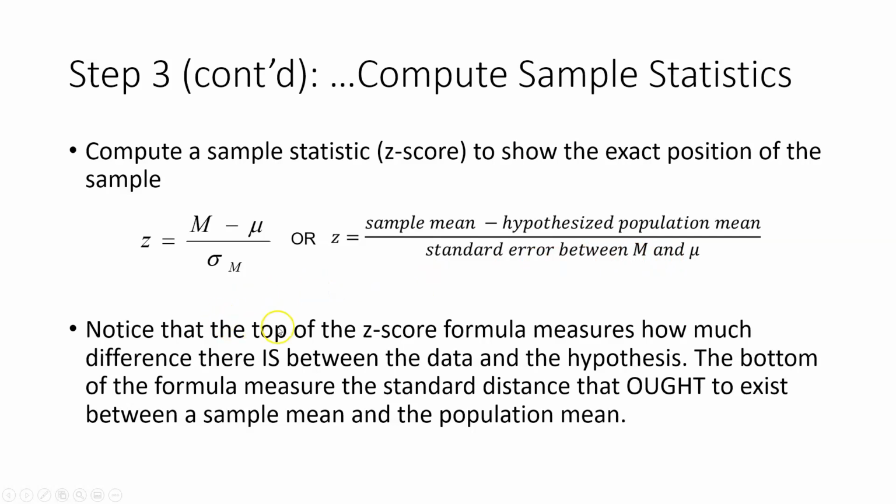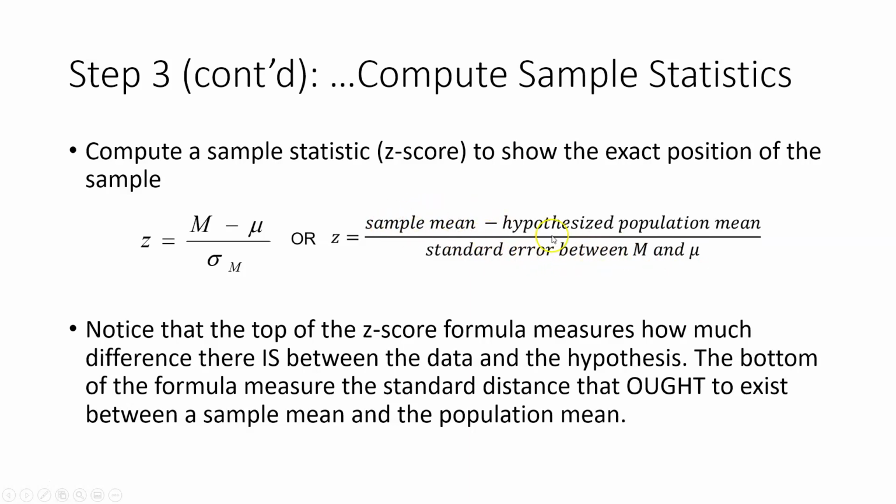So the top of the z-score formula is telling us how far apart our sample mean is from the population mean, and we're putting that in terms of how far we expect it to be just by chance. The standard error is how far we typically expect it to be.